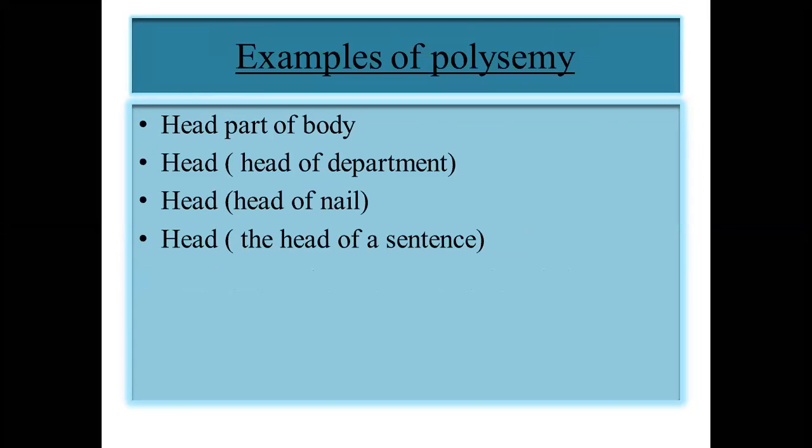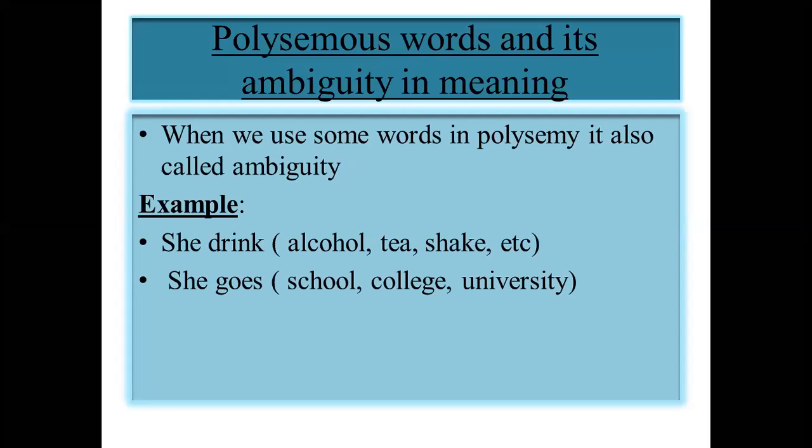Head is also the head of a nail, and head is also the head of a sentence. Like "He is a boy": here "he" is used as the head of the sentence. And sometimes we say bright, shine also creates a meaning. An intelligent, bright student, we sometimes say, also shines.